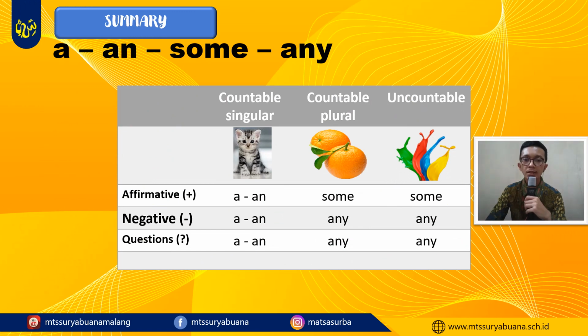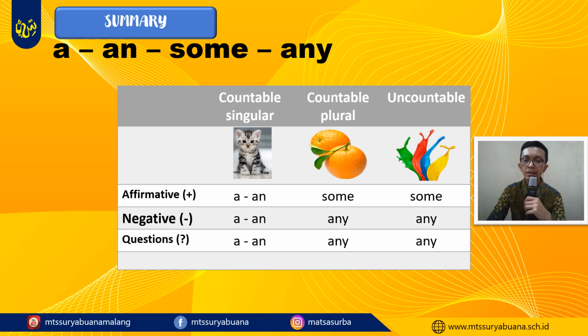Finally, this is the summary of this material. We have learned about a, an, some, and any, and also other quantifiers. First, I will make a summary about a, an, some, and any, for affirmative, negative, and question forms, and the types of nouns: countable singular, countable plural, and uncountable.